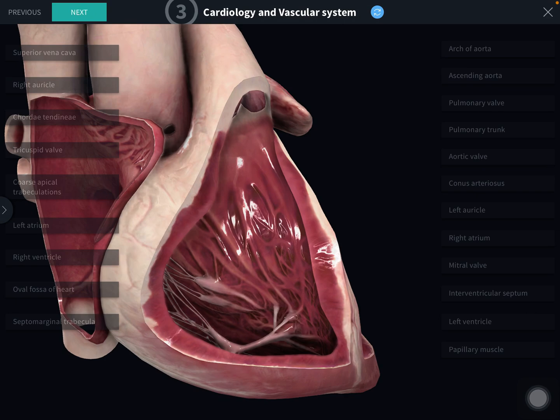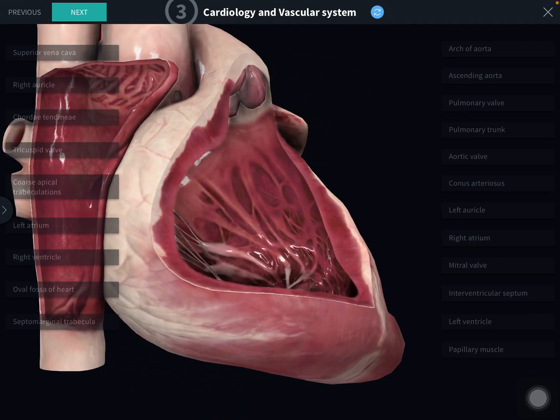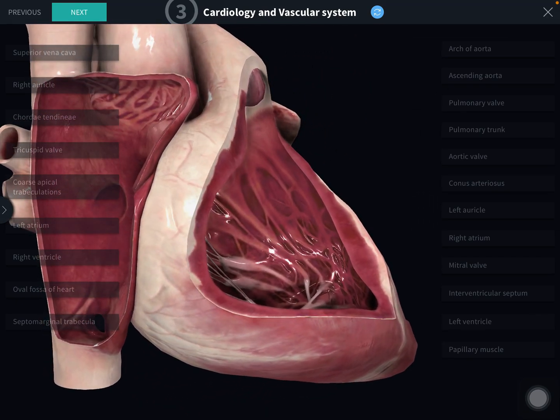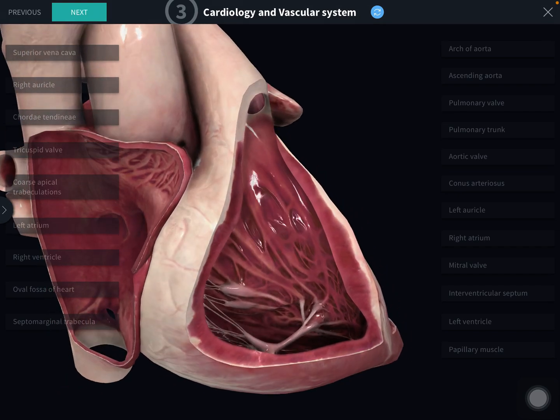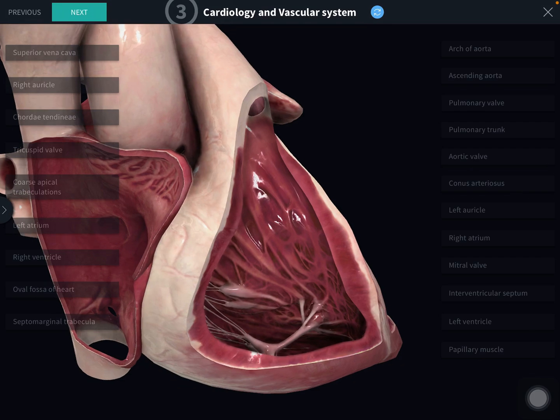Musculature of the right ventricle is thinner, 3 to 5 millimeter, than that of the left ventricle, 8 to 12 millimeter. And the proportion of the thickness between the right ventricle and left ventricle is 1:3. So that is about the introduction to the right ventricle.